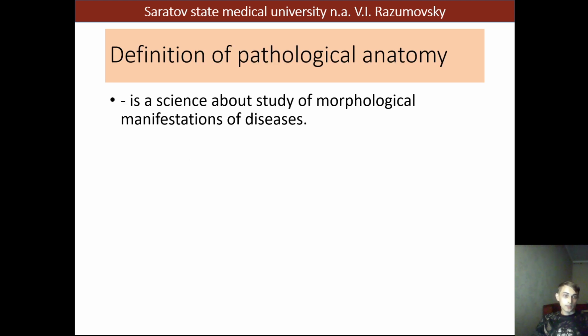Now we should start the theoretical part of our class. We should talk about pathological anatomy and understand what it is. Pathological anatomy is a science about the morphological manifestation of disease. Every disease has a morphological manifestation.